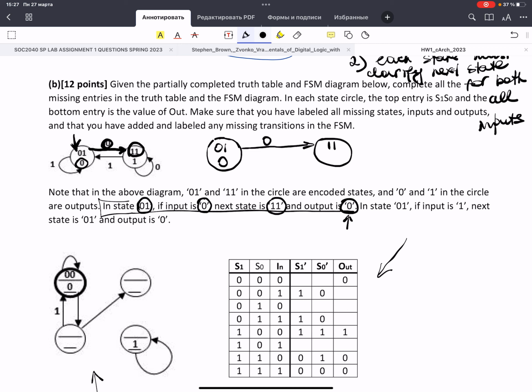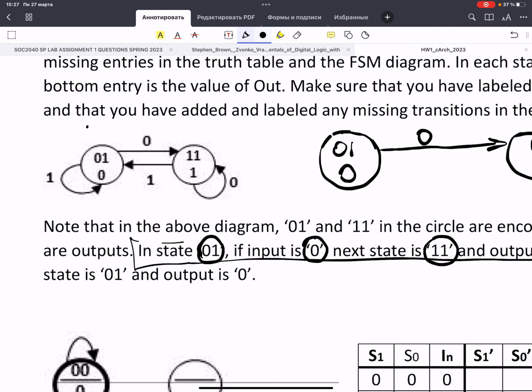And vice versa, we can also analyze this. Let's imagine that 1, 1 is a current state. If input is 1, the next state is 0, 1, and the output is 1. I hope it was pretty understandable for you.